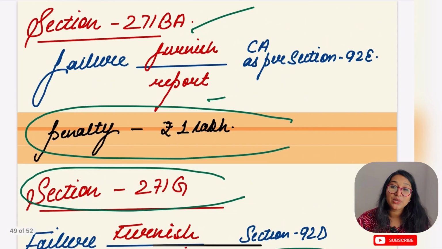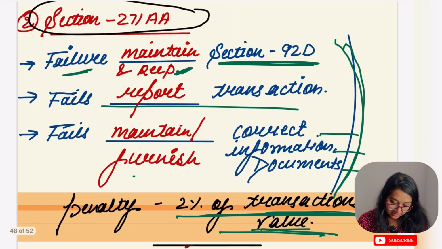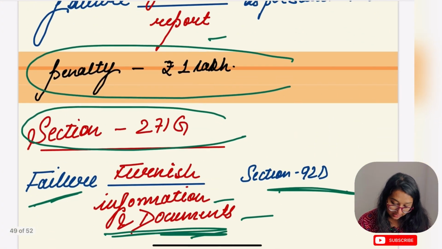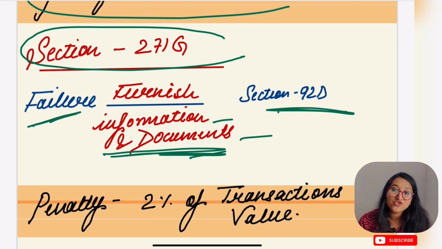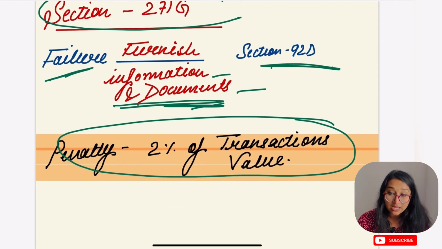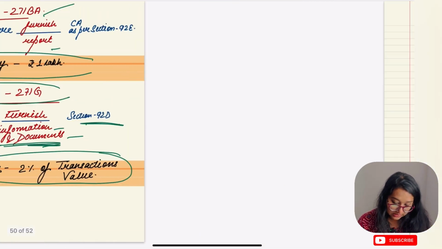And this was of 271G. But what about the penalty? This was 2% of transaction value, and again the penalty of 271G is also the same, which is 2% of transaction value. Okay, so things are easy now to relate, how we are relating everything. Things would be easy if we are able to relate them. Okay, so that's it guys, this was the penalty.